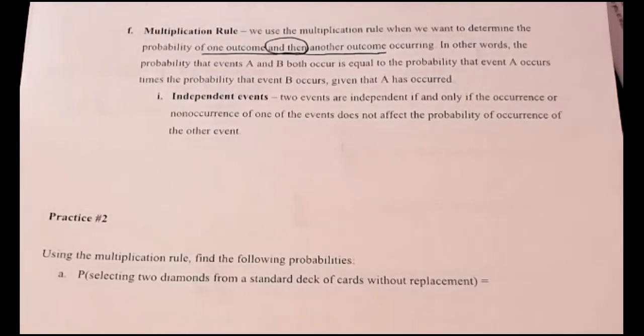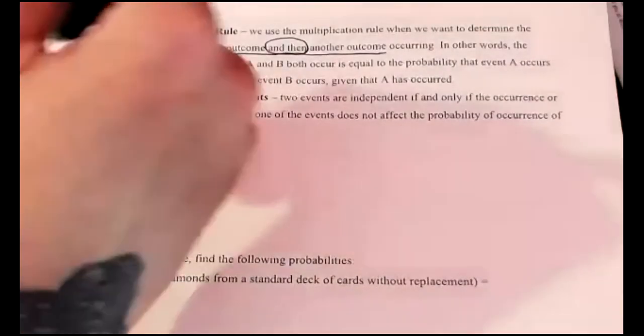The probability that events A and B both occur is equal to the probability that event A occurs times the probability that event B occurs, given that A has occurred. So we're basically saying that when we find the probability of the first outcome and then the second outcome, it's going to be the product of both of those. So you're looking at successful outcomes.